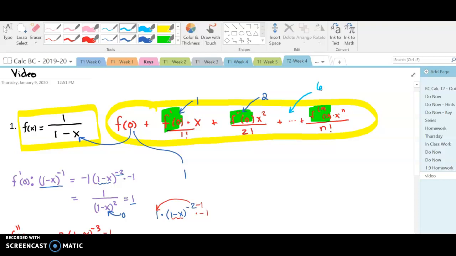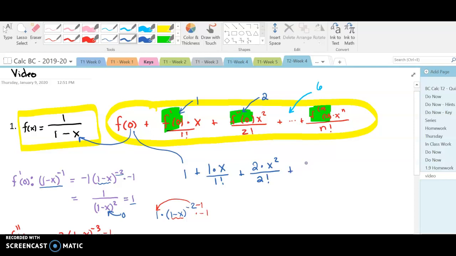And so now I'll write down everything that we have. 1 plus 1 times x over 1 factorial plus 2 times x squared over 2 factorial. 2 factorial is just 2.